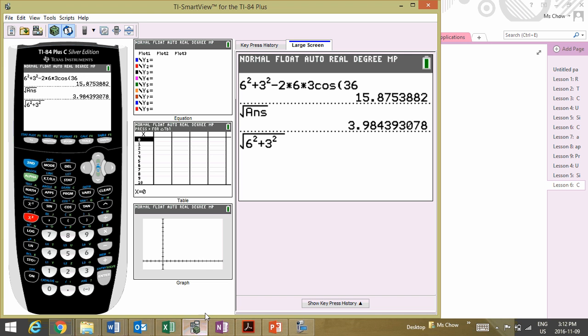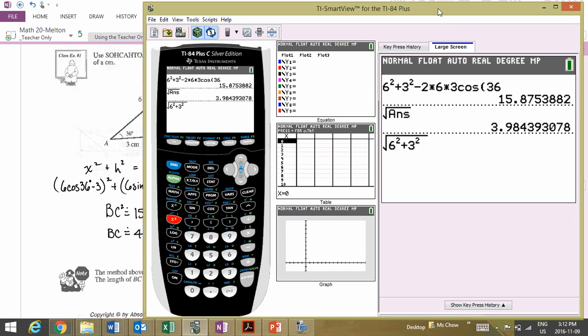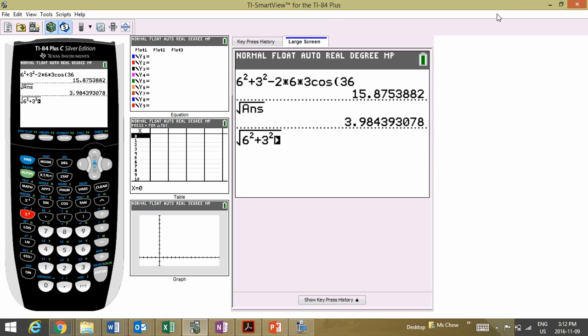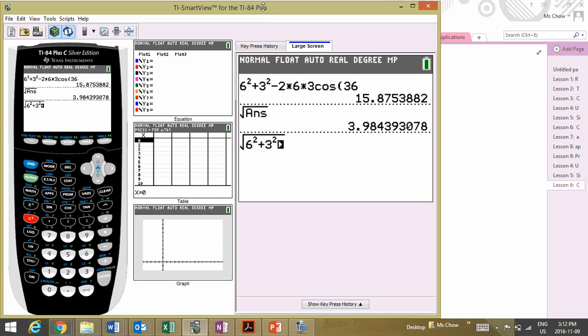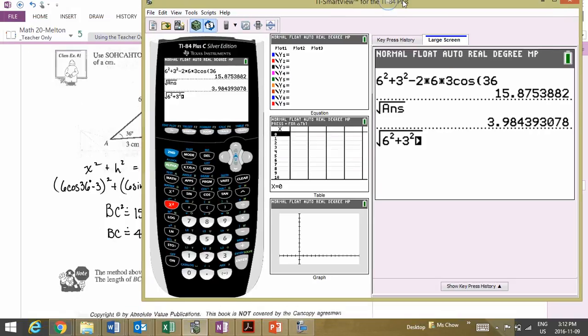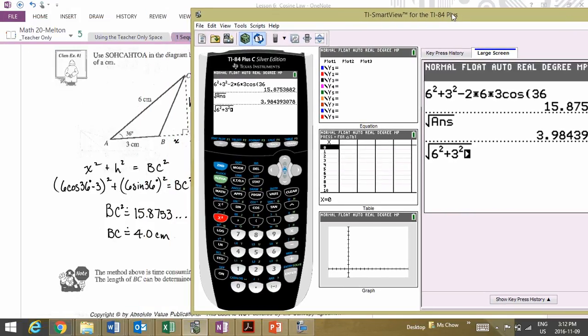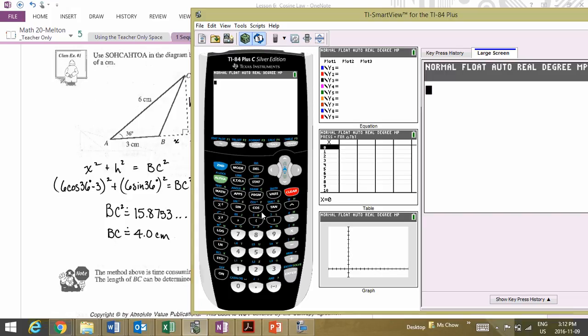So let's take a look at our calculators. I'll show how we can enter that in. Let's clear the screen. I would like 6 cosine of 36 degrees minus 3, and we can close the bracket.